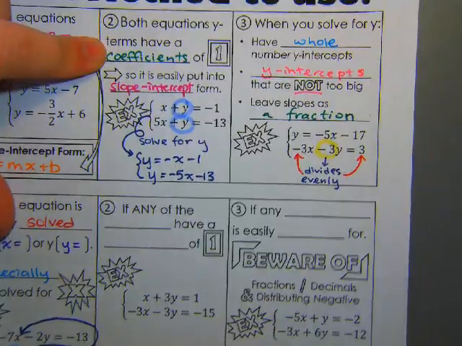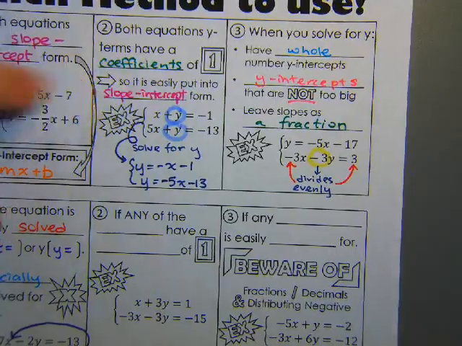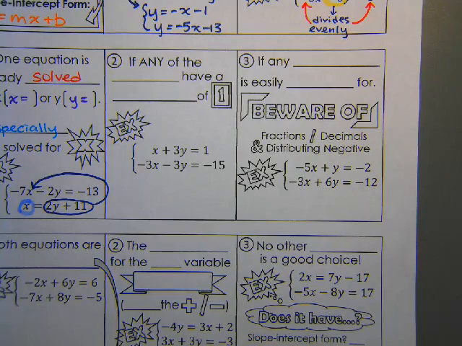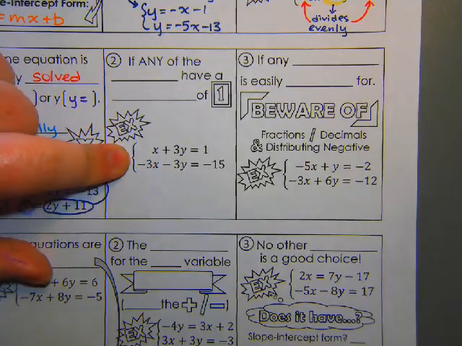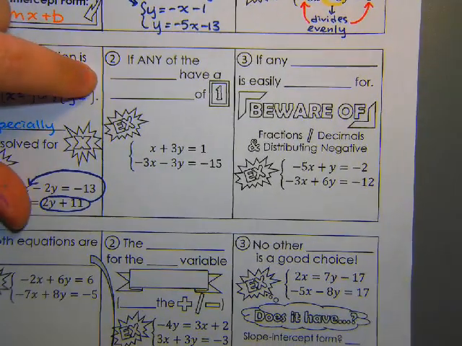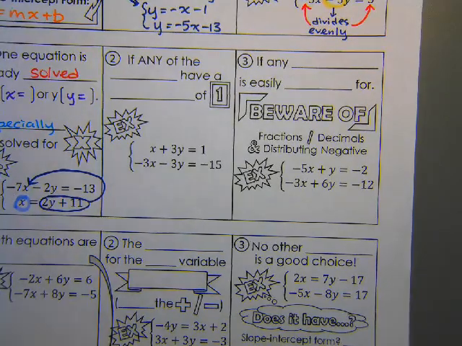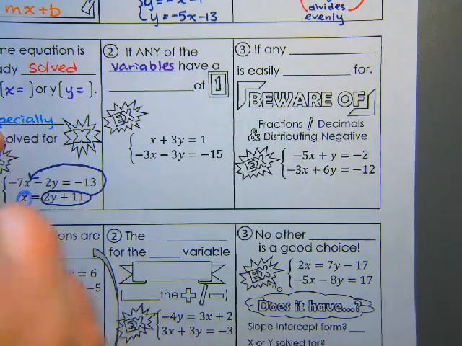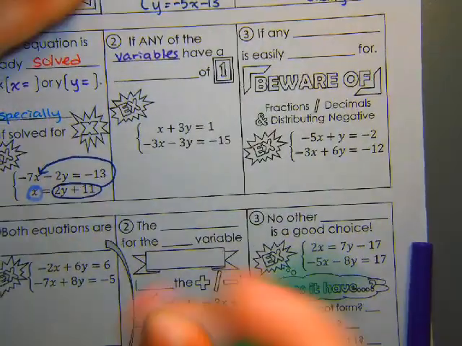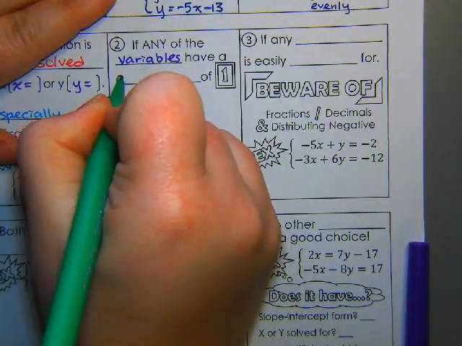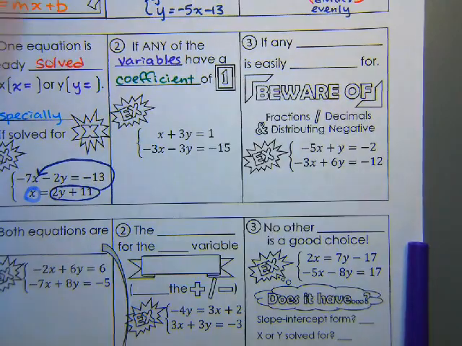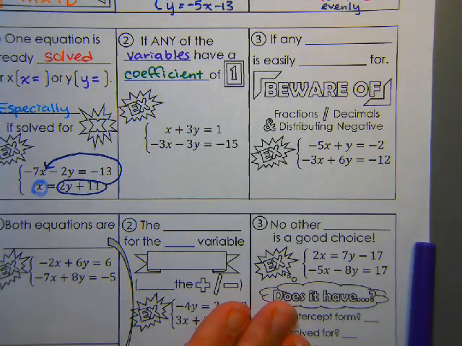All right. Now, that's not always the case, that it's already x equals or y equals, but just like up here, if a coefficient is 1, we've determined that it's easy to solve for. Okay, if the coefficient of anything is 1, boom, easy to solve for, and you can rearrange. So if any variables have a coefficient of 1, then you're going to want to solve for that and you're set up for substitution.